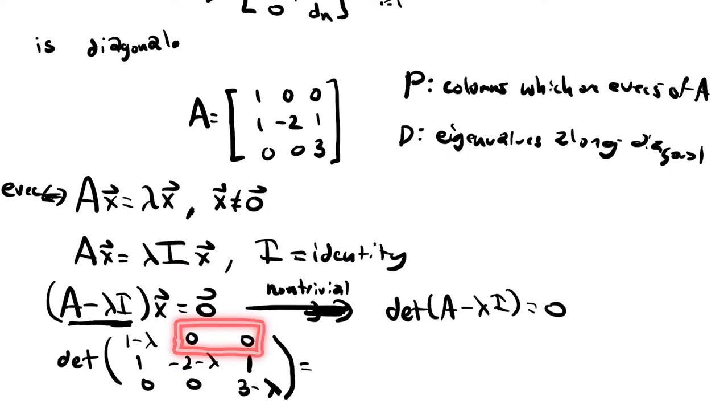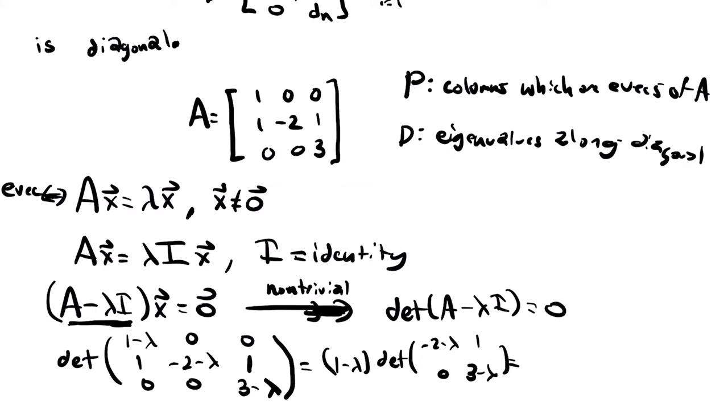So if I expand my 3 by 3 determinant along that row, I only have to multiply this by the determinant of this. So this is equal to 1 minus lambda times the determinant of the matrix with rows (-2 minus lambda, 1) and (0, 3 minus lambda).